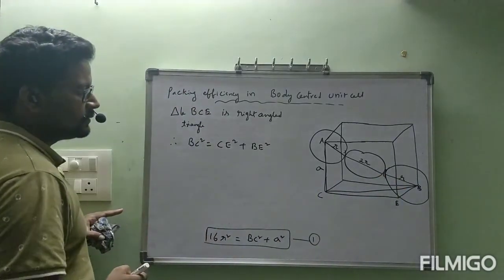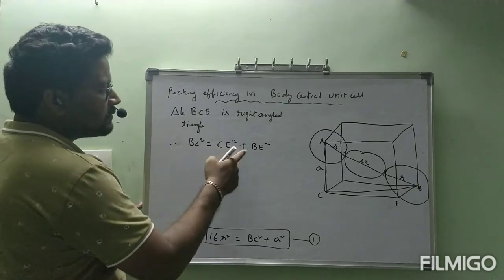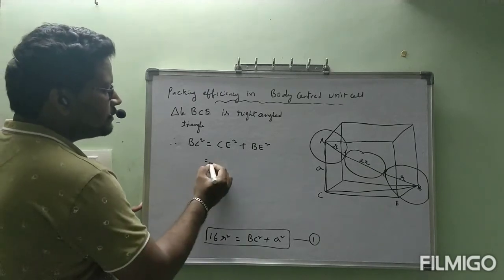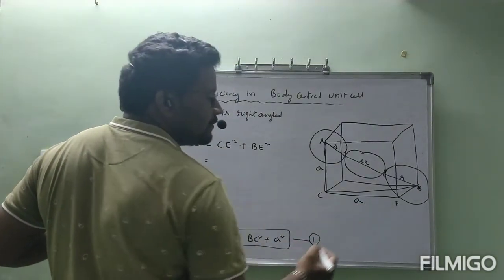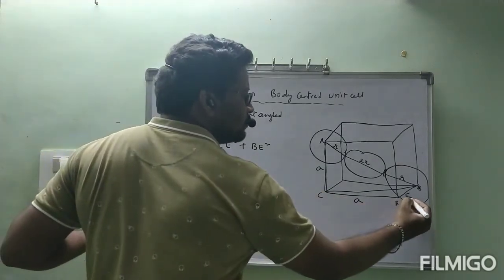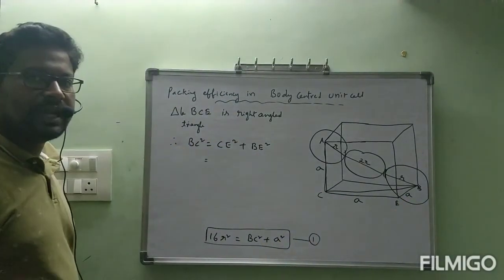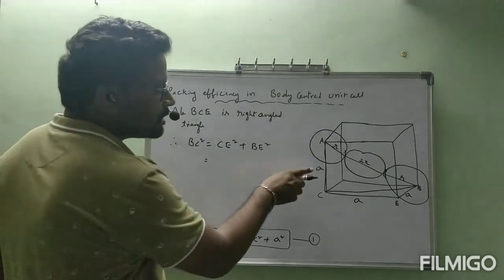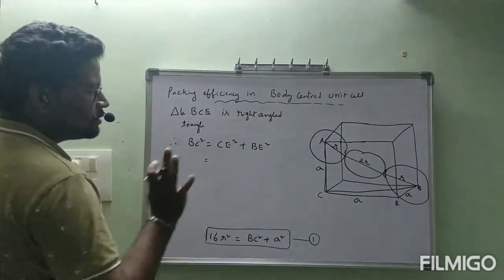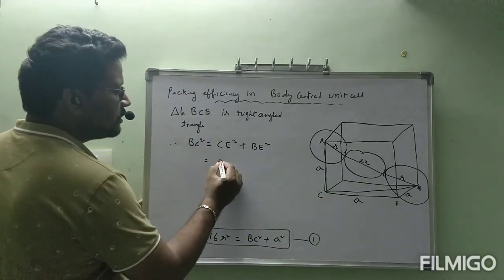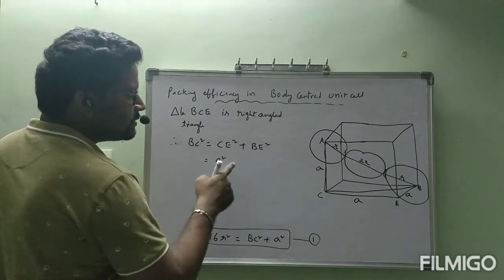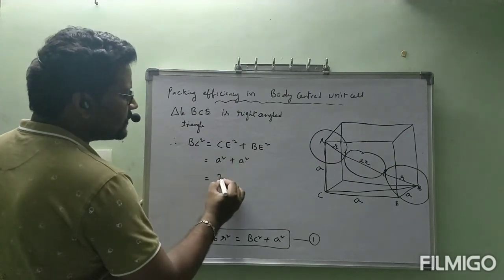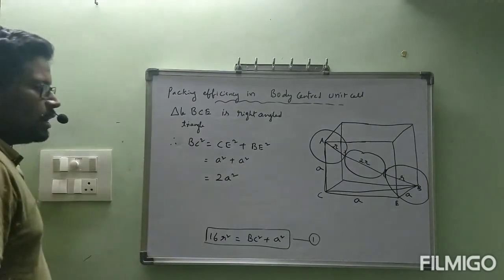We want BC square only. What is CE? Side length a only. Even BE also a only, because this is a cube with edge length a. Yesterday we already took this is a cube, all the sides are same. So CE square is a square, plus BE square also a square. Finally, BC square is equal to 2a square.